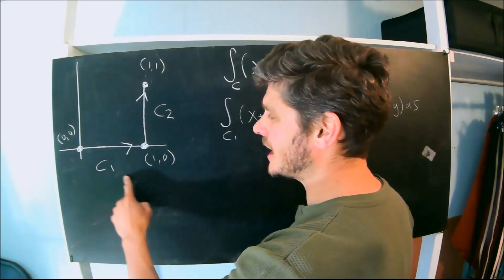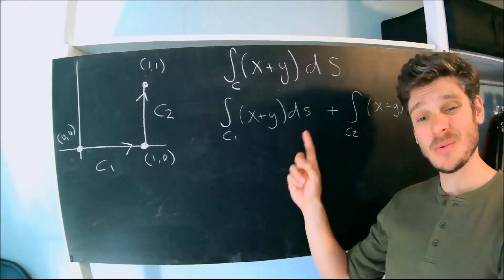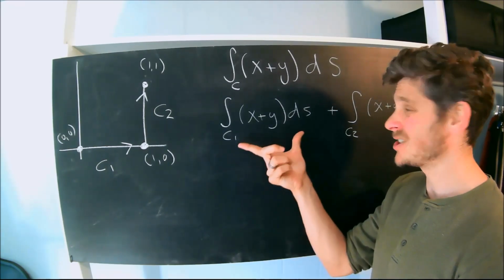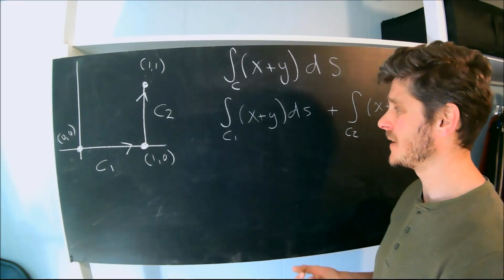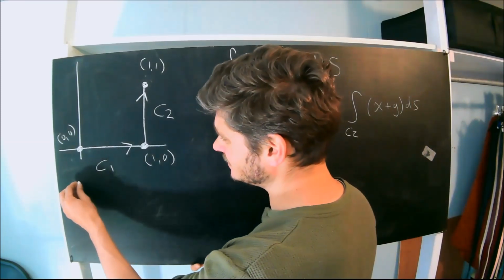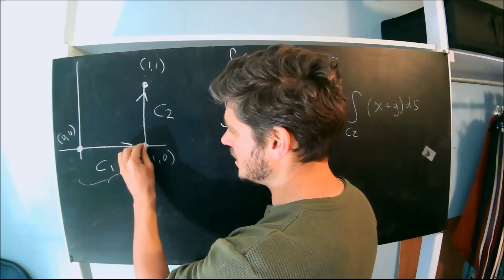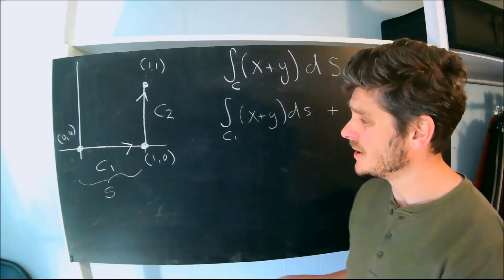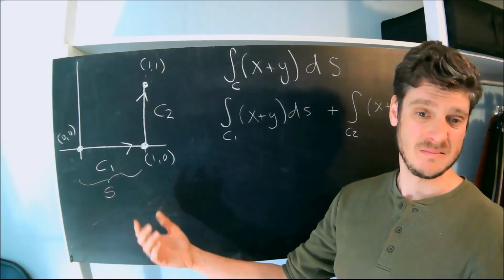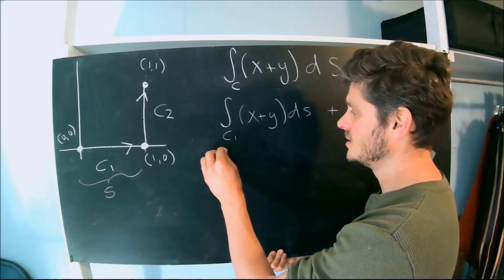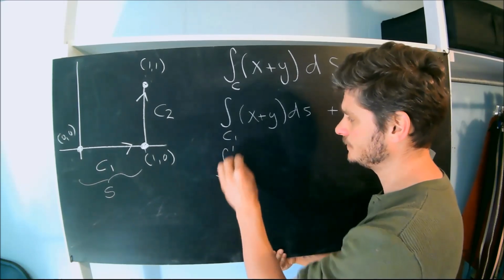So C1 is the line from here to here. And again, we got to figure out how am I going to actually make these substitutions. How am I going to try to turn this into just one particular variable? Well, for C1, the nice part is, from here to here, let's keep it in terms of s, I guess, for this one. My arc length is s, and it goes from 0 to 1. So I'm integrating from 0 to 1.